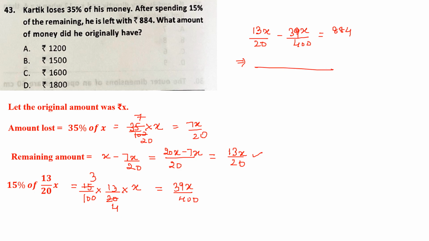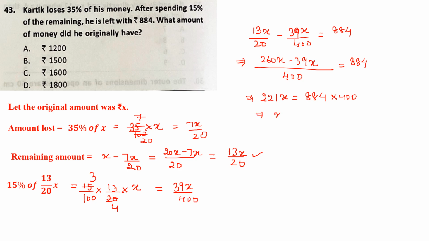Now the LCM of 20 and 400 will be 400. 20 times 20 will give me 400. So 13 into 20 will give me 260x minus 39x, which is equal to 884. Subtracting 260 minus 39, it will be 221x equal to 884 into 400.